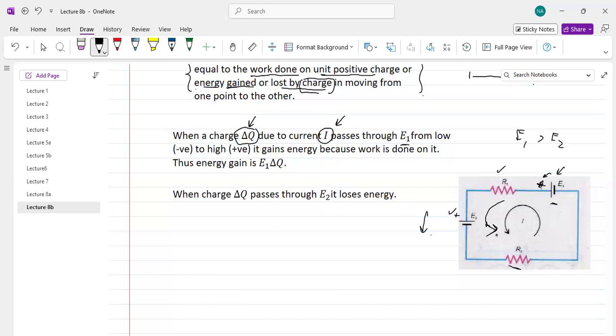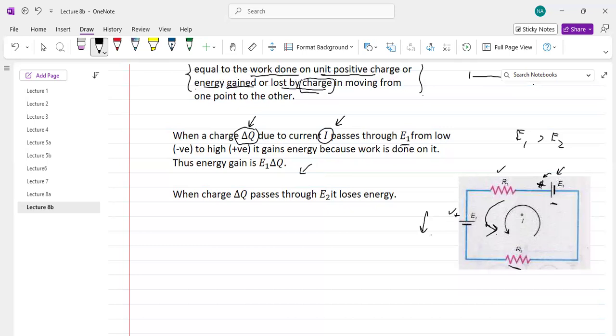The actual direction of the current will be decided by the resulting current of the circuit. For the time being, it is a single loop, which is not much complicated, and just by assuming that EMF E1 is greater than E2, we can find the direction of current.